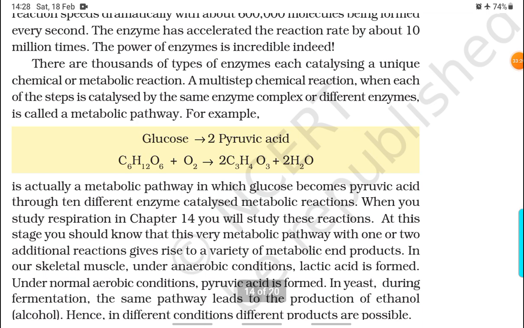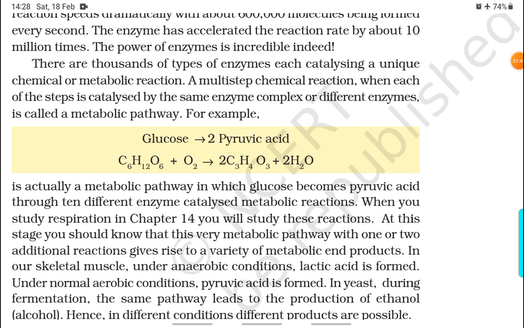There are thousands of types of enzymes, each catalyzing a unique chemical or metabolic reaction. A multi-step chemical reaction, when each of the steps is catalyzed by a different enzyme, is called a metabolic pathway. For example, glucose converted into 2 pyruvic acid is actually a metabolic pathway in which glucose becomes pyruvic acid through 10 different enzymes.